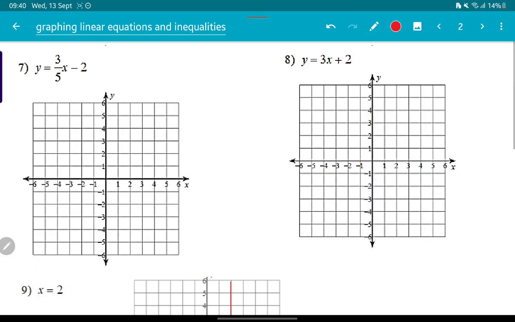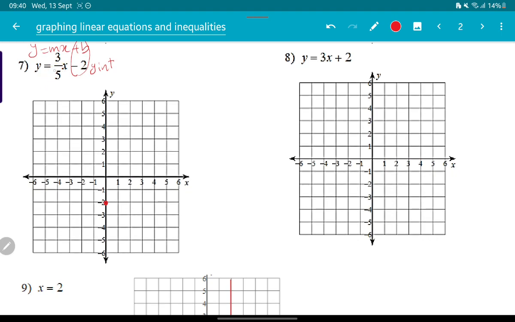Here we have the different form, y equals mx plus b. So b equals -2, put this, because this is the y-intercept, you have directly the y-intercept by inspection. To graph with the slope 3/5, it means you have to move 5 units right and 3 units up.